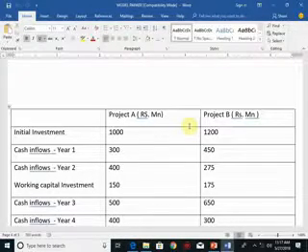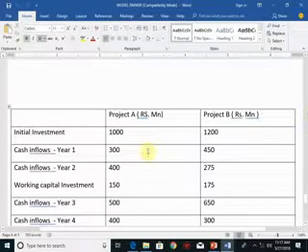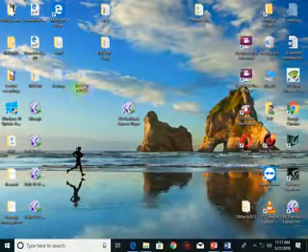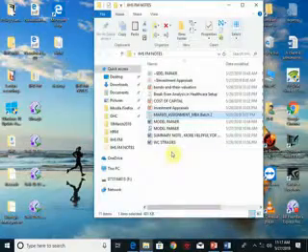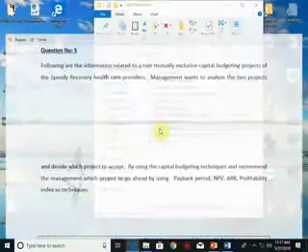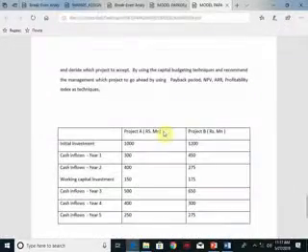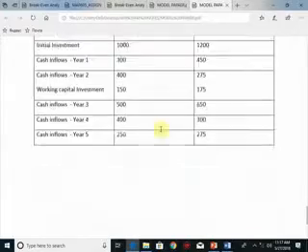But all these cash flows we want to convert into discounted cash flows, by using a suitable discount rate.